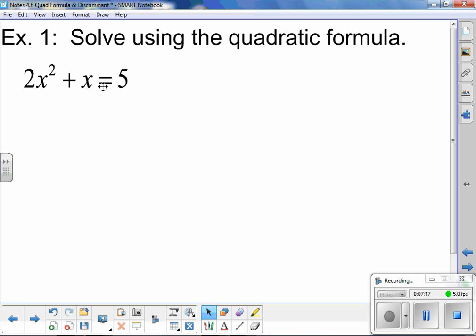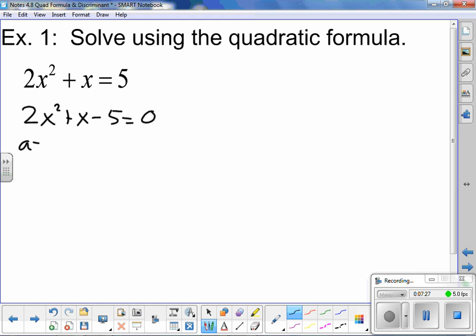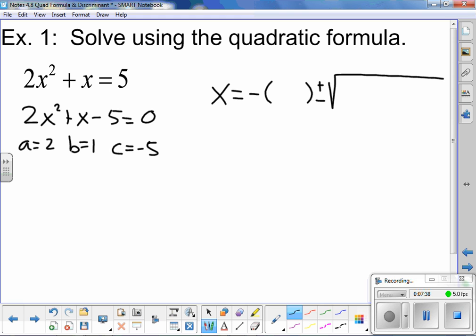First off, we need to find a, b, and c. One side has to be 0 for this to work. So we need to make this side a 0. Minus 5 equals 0. That means your a is a 2, your b is a 1, and your c is a negative 5. So x equals negative b plus or minus the square root of b squared minus 4ac all over 2a.